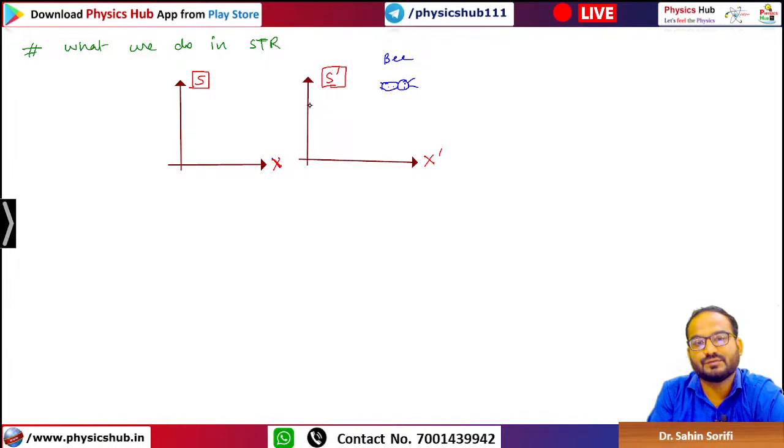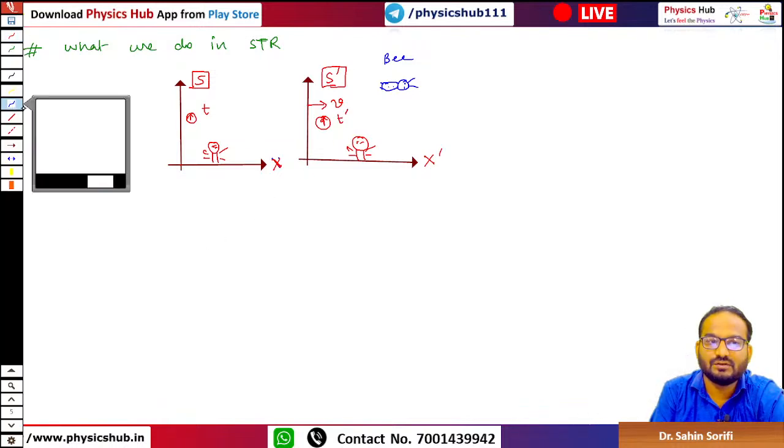The S prime frame is moving with velocity v with respect to the S frame. Here we have associated a clock also, and one person is observing from the S frame, and another person is observing from the S prime frame, and another clock is there. This clock measures the time t, this clock measures the time t prime.